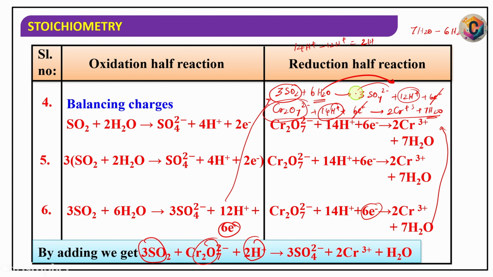Then here I have 3SO4 2 minus, I have written it, and then we have written already. Then from the second equation I have 2Cr plus 3 and then plus H2O. Clear? Because when we bring this term to this side, 7H2O minus 6H2O would become only 1H2O. That's it. This is how we are going to balance a redox reaction.